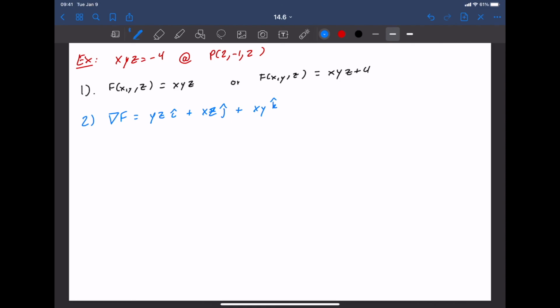So that's the normal vector to the level surfaces of capital F, of which our red function happens to be one. Plug in the point (2, -1, 2), and we should get what? 3, 2, 1. We get negative 2 in the i, plus 4 in the j, minus 2 in the k.